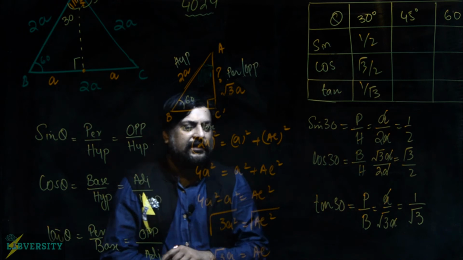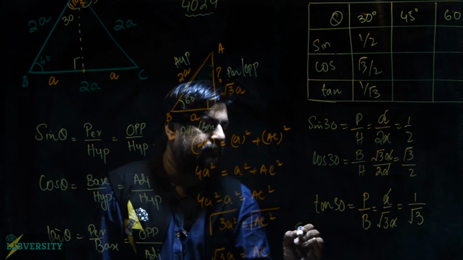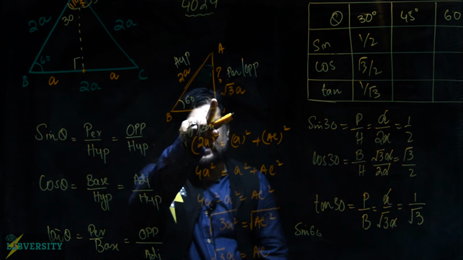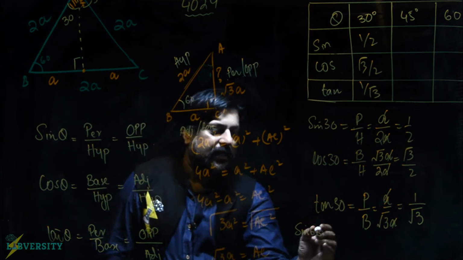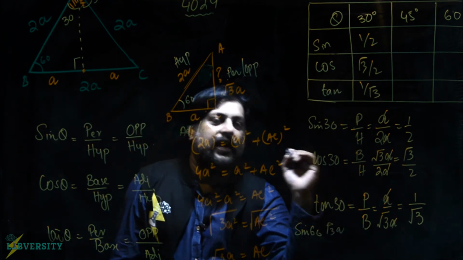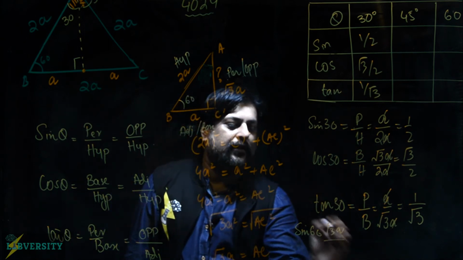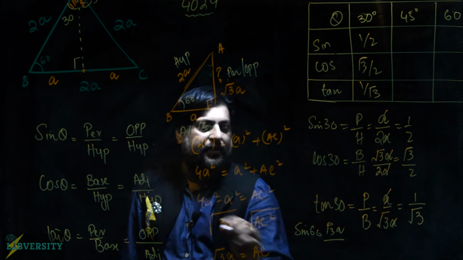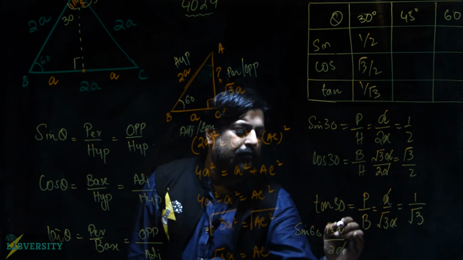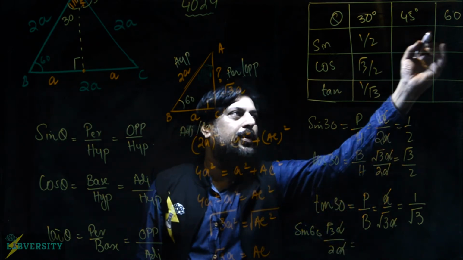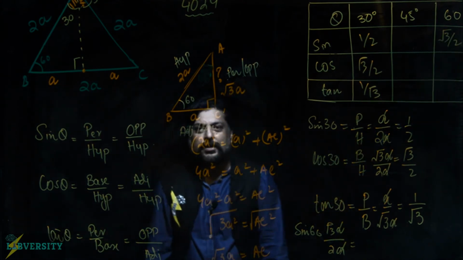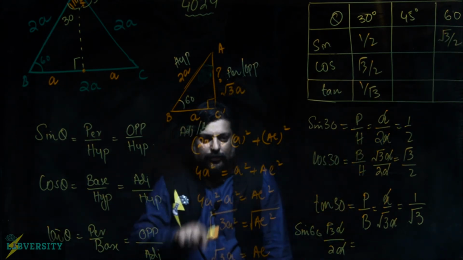Now sine 60: from this data our perpendicular is root 3 A, upon hypotenuse, which remains 2A. So root 3 upon 2.